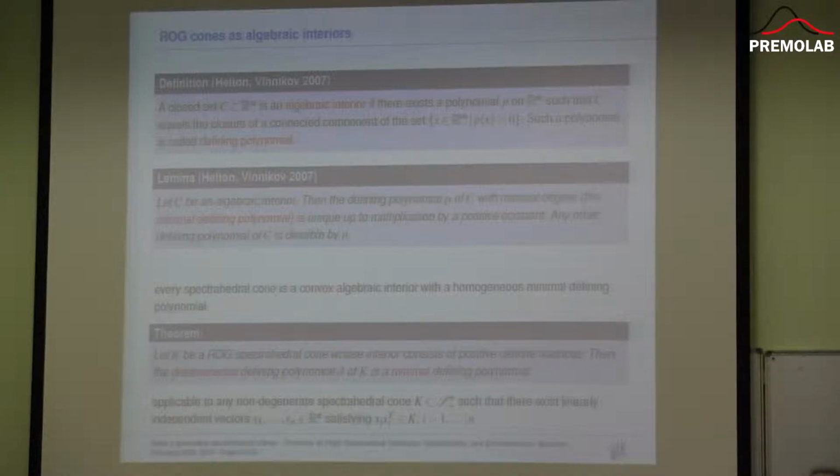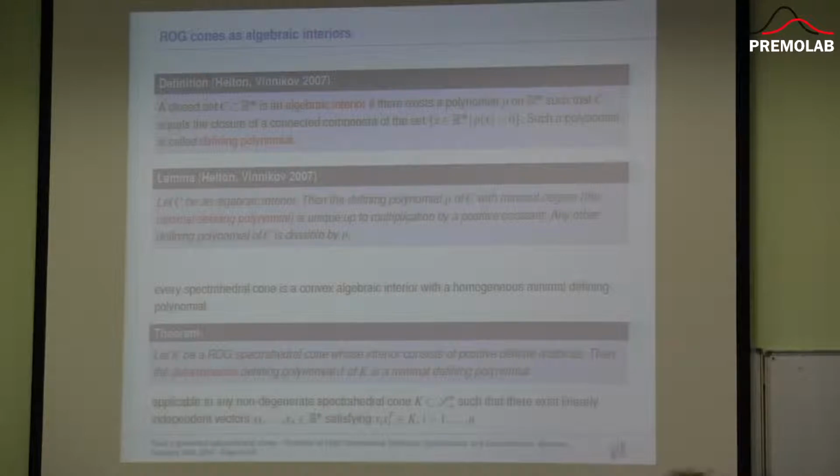If we have a polynomial on R^n and consider the connected components of the set where the polynomial is positive, then the closure of each of the connected components is called an algebraic interior. And obviously, any spectrahedral cone is such an algebraic interior.